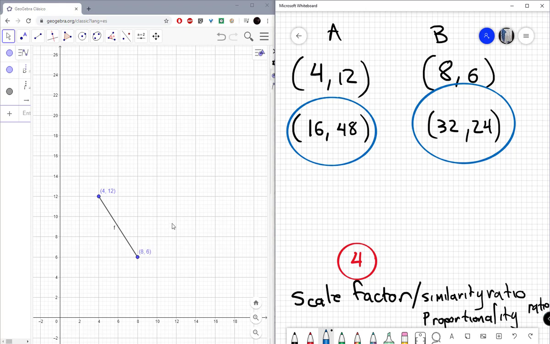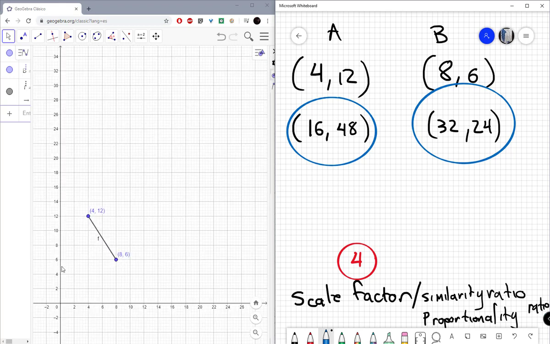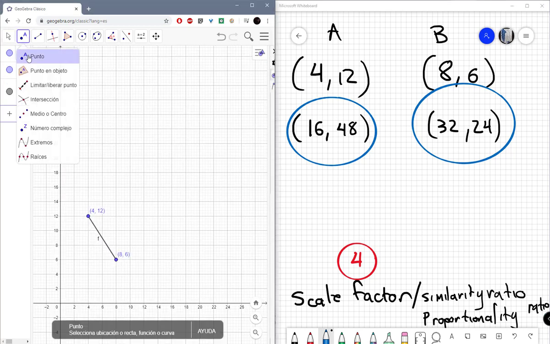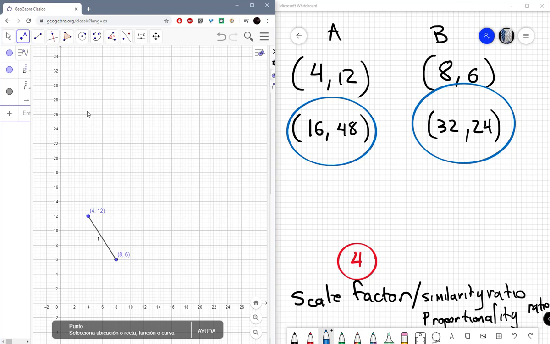So we have 2 options to create those points in the plane. We can select this tool in here, and we can place the points wherever we need them.